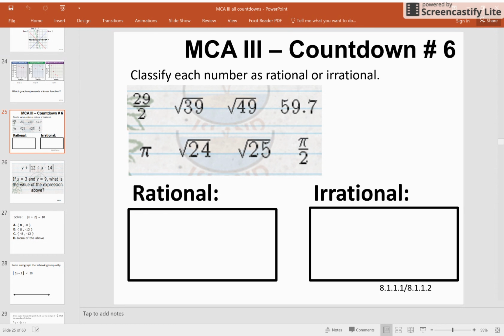Add 2 over here, 3x is less than negative 8. Divide this by 3, divide this by 3, we get x is greater than, this would be negative 2 and 2/3.